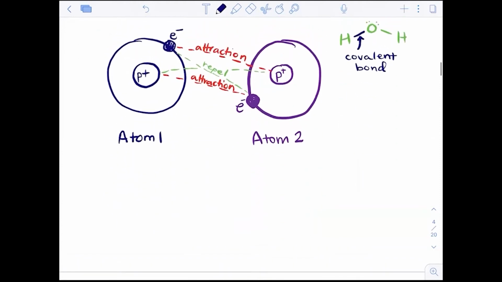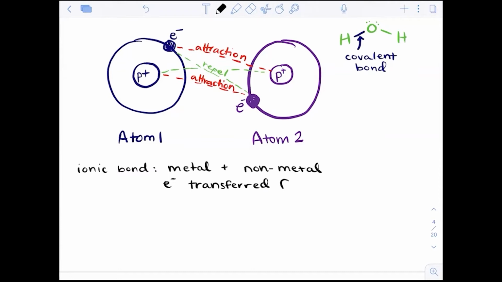For a definition, an ionic bond, beyond what we said, a metal and a nonmetal, electrons are going to be transferred. Now, specifically from the metal to the nonmetal.